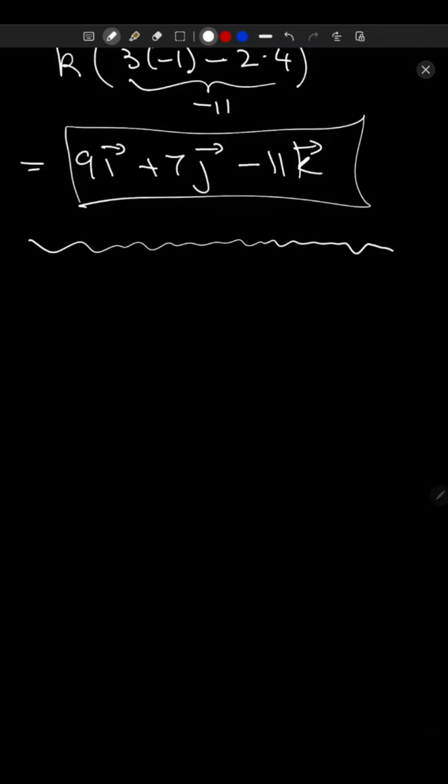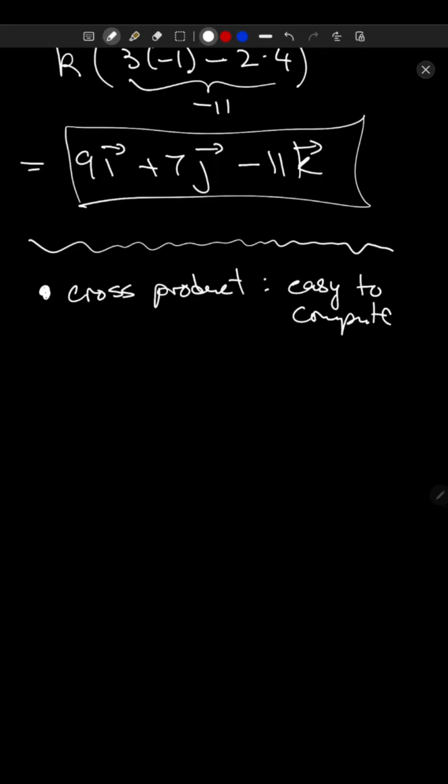Let me talk about applications. So one thing we notice, just like with the dot product, is that the cross product is easy to compute. If I give you u and I give you v, you just follow the algorithm, either one of the two.